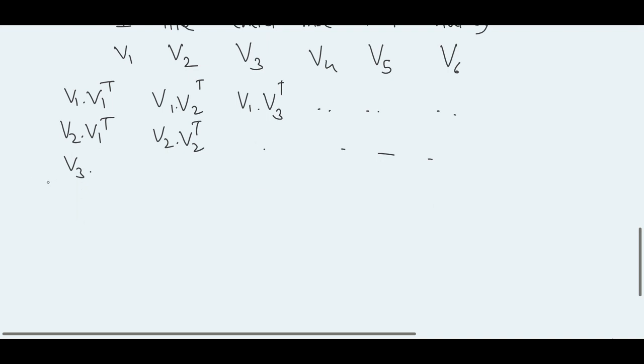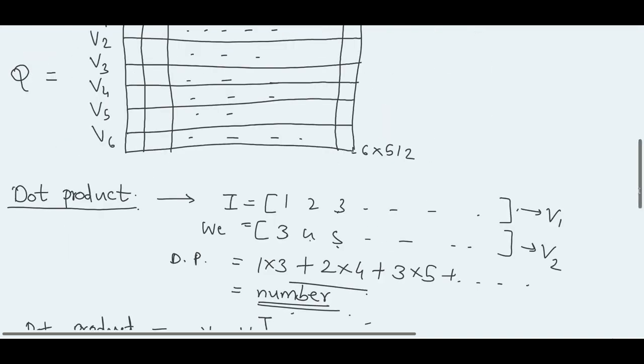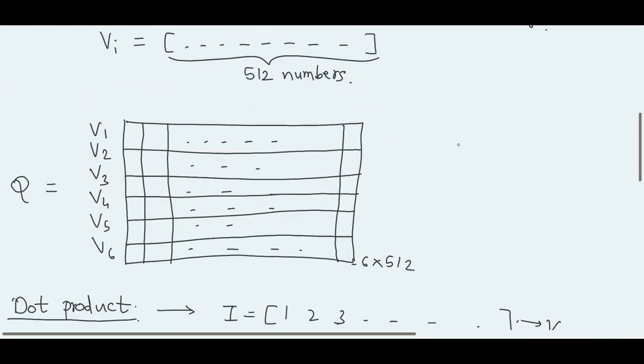Okay, so we represented this matrix with Q, right? So we have this Q matrix, and just as I've told you, for the Q transpose, you take the rows and convert them into columns, and that is the transpose operation. That's it.